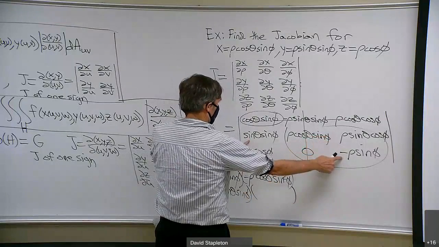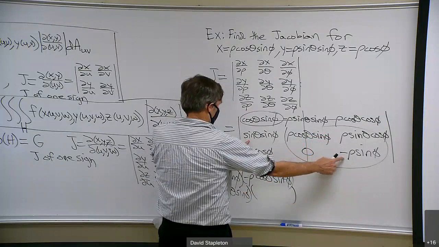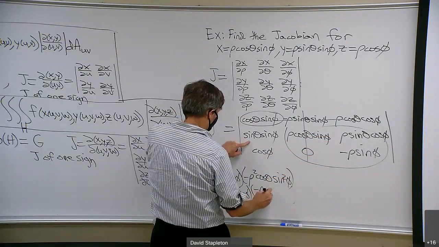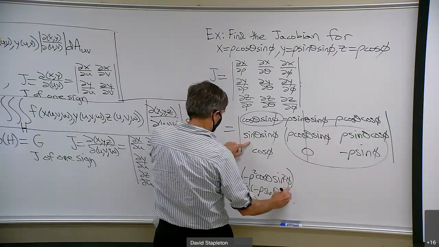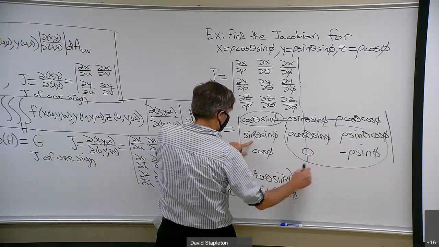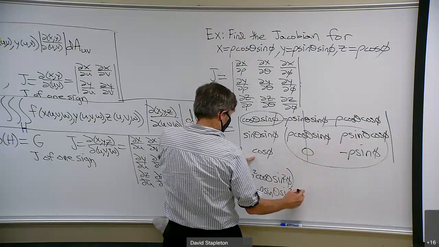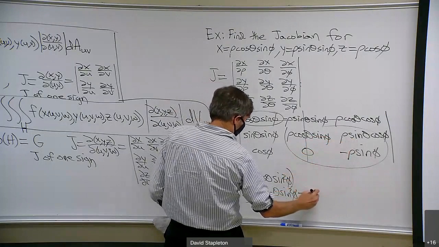So I got minus rho sine theta sine squared phi, and then minus this times this is minus rho sine theta cosine squared phi.